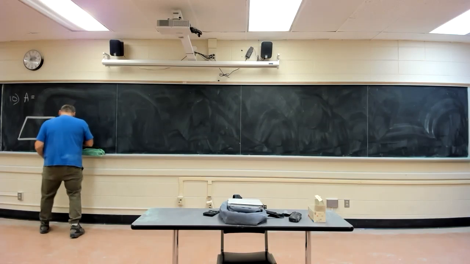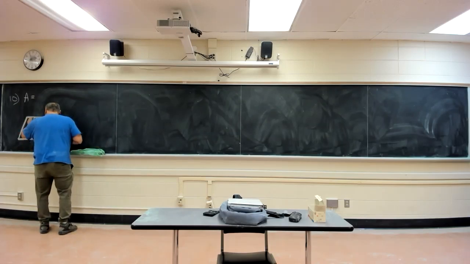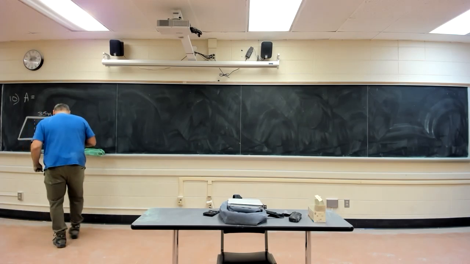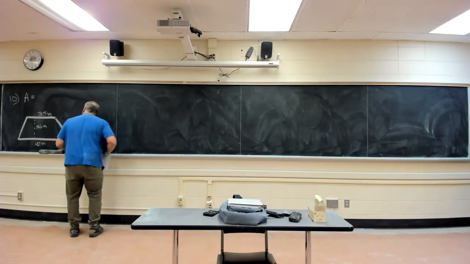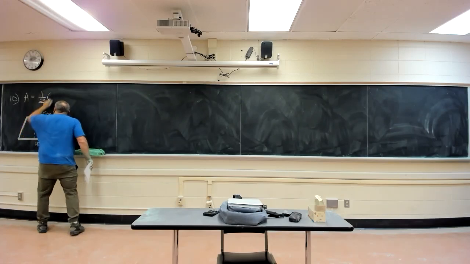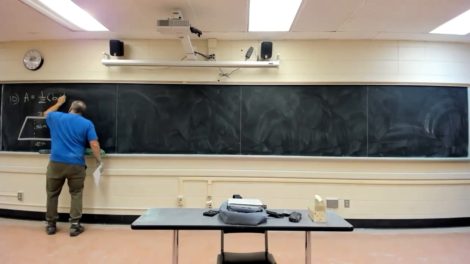Trapezoid. There's a good amount of asymmetry, and there is some symmetry as well. This is 36 meters in height. This is 35 meters across here, but it's 42 meters across here on the bottom. Find the area. Well, the area of a trapezoid is 1/2 the quantity base 1 plus base 2.